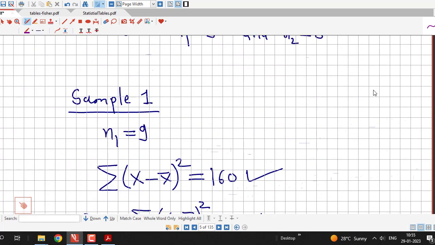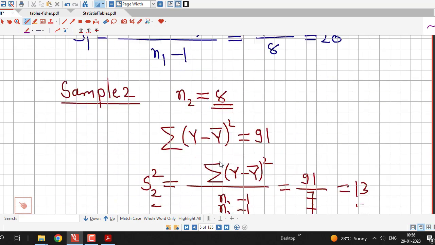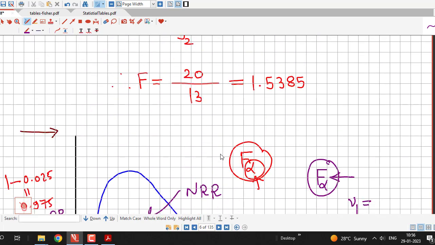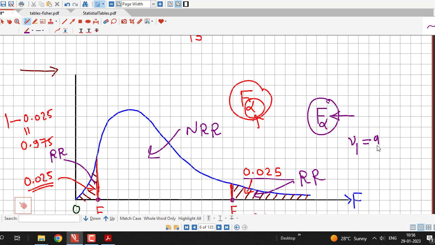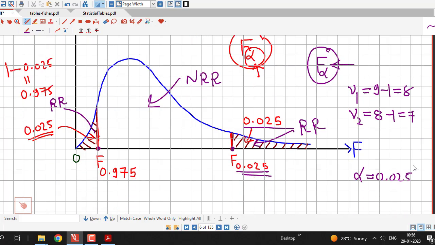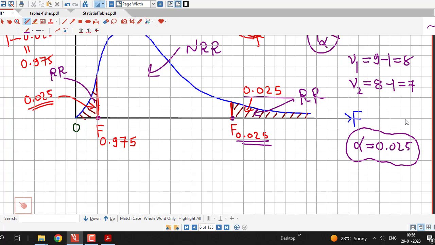Here the first sample size is 9 and the size of the second sample is 8. So the numerator degrees of freedom is 9 minus 1 equal to 8. The denominator degrees of freedom is 8 minus 1 equal to 7. So I have to use the F distribution table for alpha equal to 0.025 with 8 and 7 degrees of freedom.